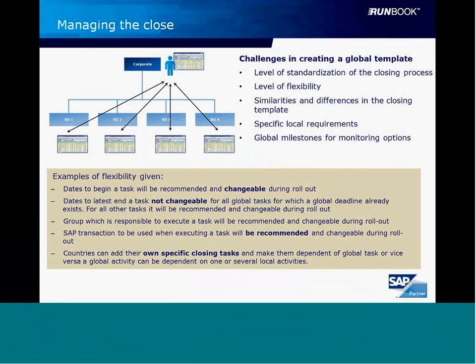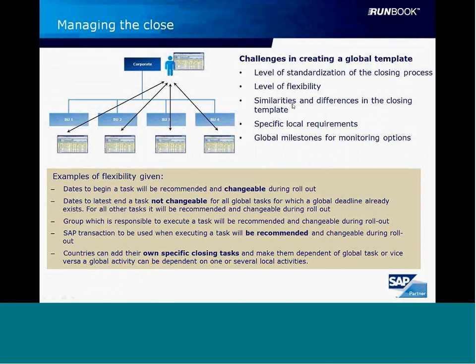Then you can say, okay, I want to keep those 80 steps, but in addition we want to add local mandatory steps in there as well. So you can still enforce your standardization through the template, but you will not lose your flexibility on the local level to comply with local or legal statutory reasons.